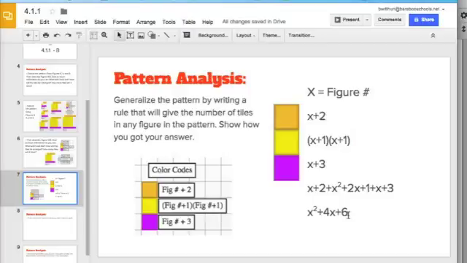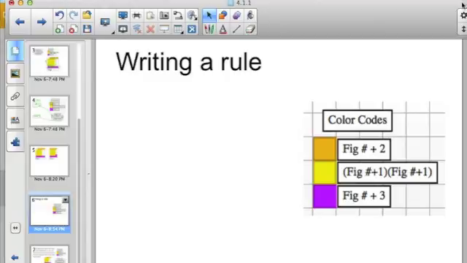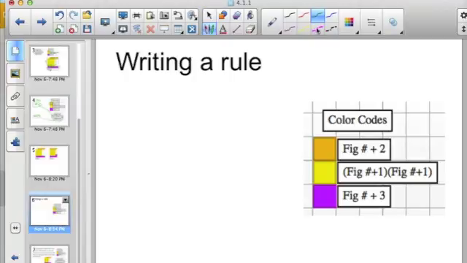Now I do want to spend just a few minutes. How did I go from x plus 1 times x plus 1 to get this x squared plus 2x plus 1? So I'm going to show you how I came up with that. So here's this right here, and I'm going to grab a pen. Let's go with straight black this time. Here's the figure number plus 2.